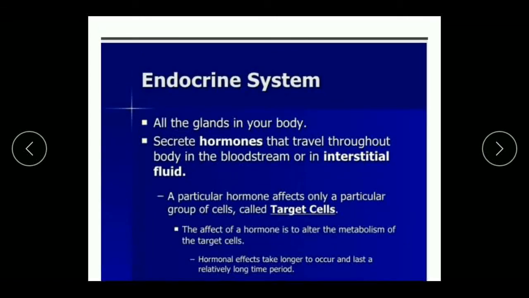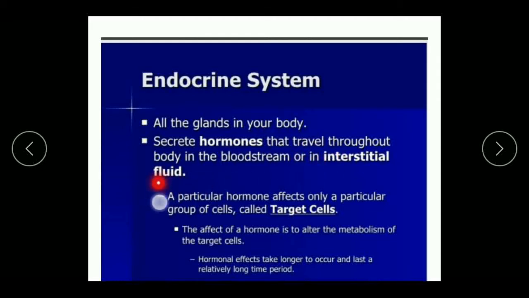Next one, the endocrine system. All the glands in your body, the endocrine glands, secrete hormones that travel throughout the body in the bloodstream and in the interstitial fluids. The secreted substance is transmitted and spread over our body through the blood.